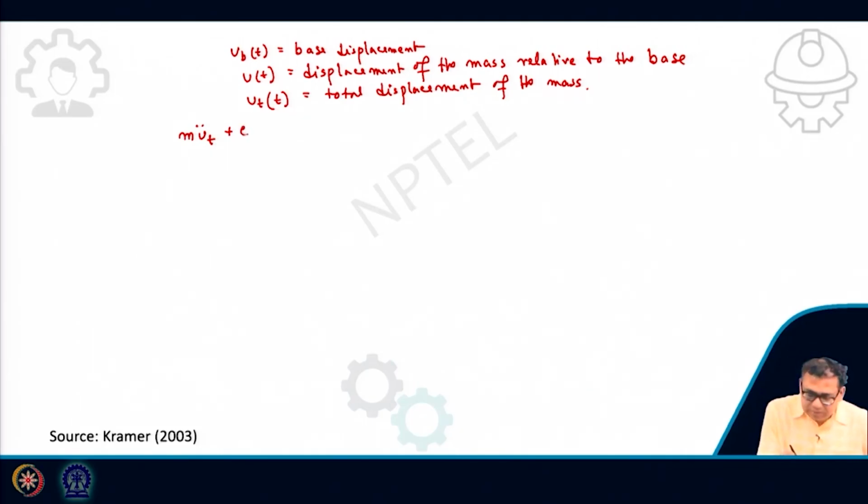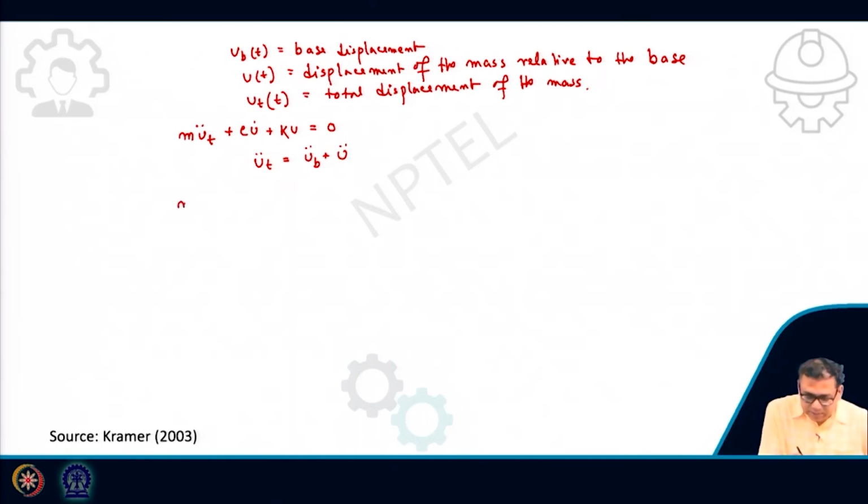So it will be c u dot plus k u, that will be equal to 0, because it is only base shaking. Now we know that u_t double dot is actually u_b double dot plus u double dot, the summation of that.